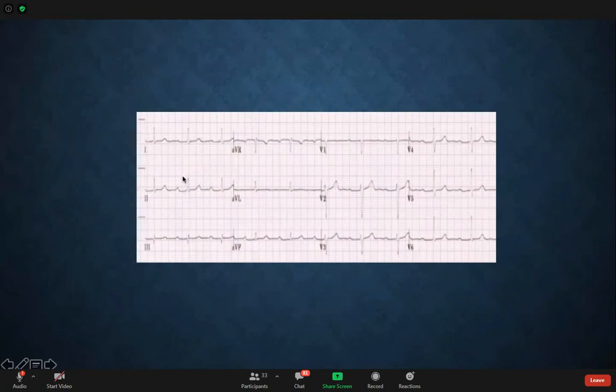It's more than one big square, maybe close to three. So this is first degree AV block. Is it clear, guys? Do you see it? Or is the ECG not clear?